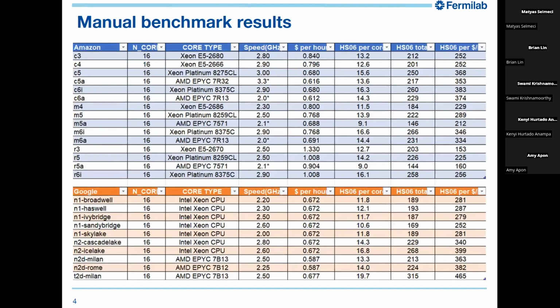So these are the instances I tested, and I defined a standard platform to have compatible benchmark results. This translated to 16 cores per instance and a variable amount of memory. In the Amazon portion, the C series indicates 2 gigs of RAM per core, the M series was 4 gigs of RAM per core, and the R series was 8 gigs of RAM per core.